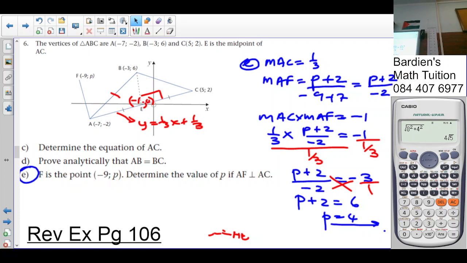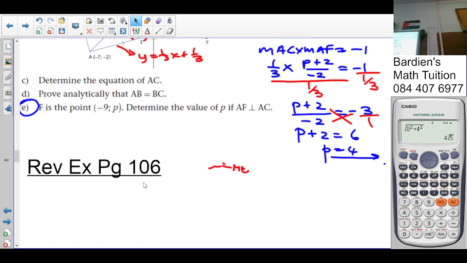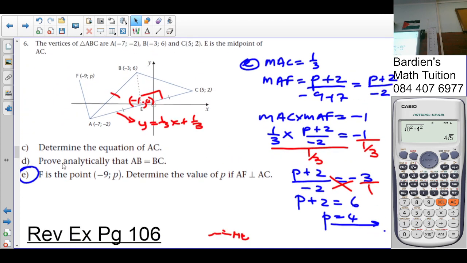What if they told us that points E, F and G are collinear, and they give you the coordinates of G as well? Then I would have set the two gradients equal to each other, right? So points are collinear, gradients are equal. That's number 6.